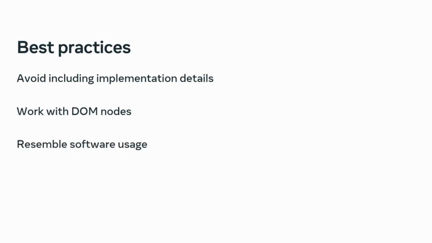Secondly, the more your tests resemble the way your software is used, the more confidence they can give you. Finally, you also want your tests to be maintainable in the long run. So, as long as you're not changing functionality, any changes in the implementation of the component won't break your tests and slow you and your team down.